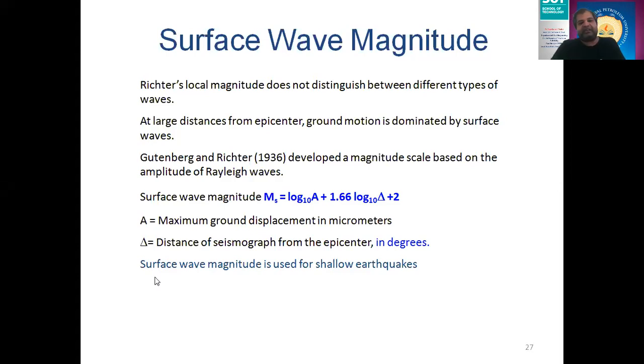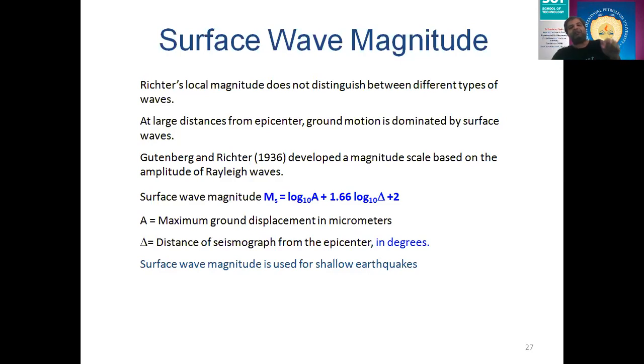And they gave this equation, which is quite similar: MS is equal to log A to the base 10 plus 1.66 log delta to the base 10 plus 2, where A is the maximum ground displacement in micrometers, but this displacement or amplitude you need to consider for the surface wave only, right? In the previous case, we took the amplitude of the body wave, which is the P wave.